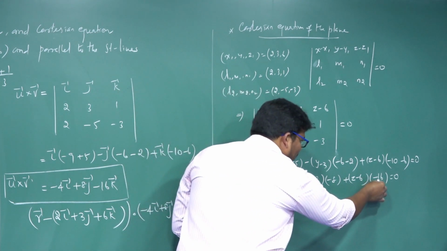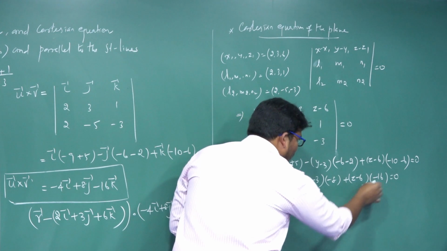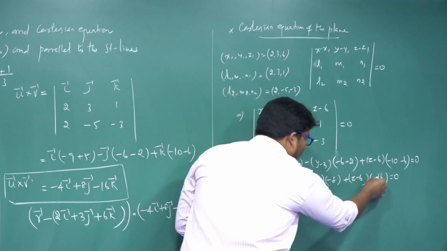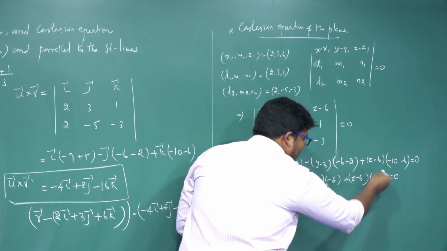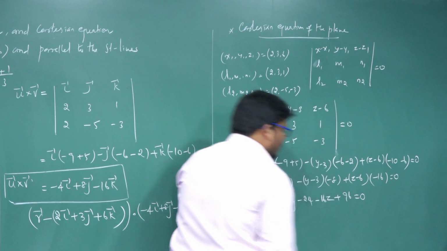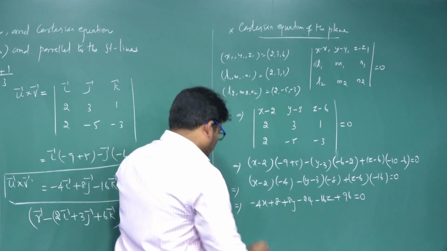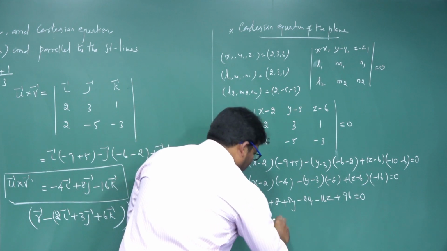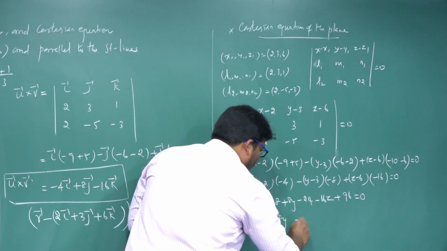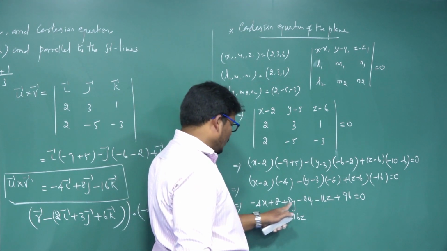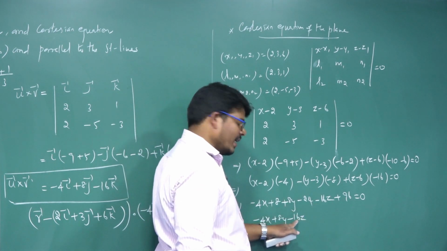Next, minus 16 into z, minus 16z. Next, minus 16 into minus 6, plus 96, equal to 0. That implies minus 4x plus 8y minus 16z.